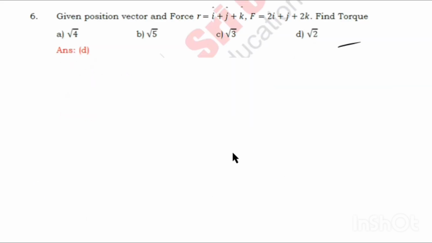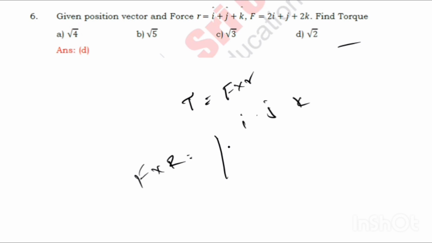Given position vectors for R and F, find the torque. We know torque is equal to F cross R, right? Cross product F cross R is equal to the determinant with I, J, K. F is 2, 1, 2 and R is 1, 1, 1.